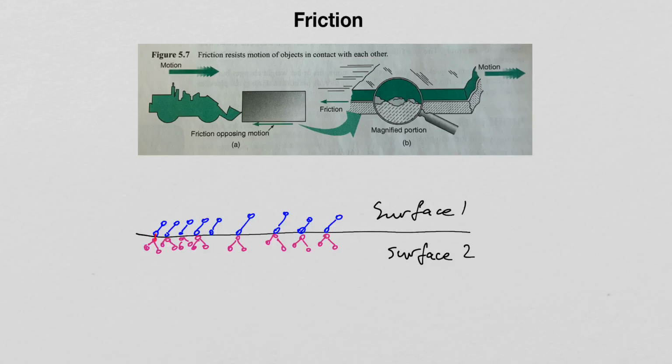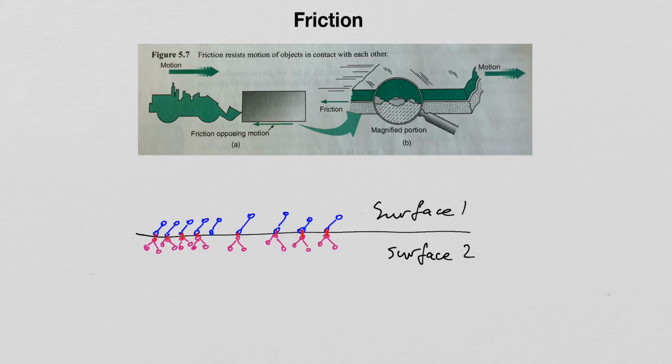You can think of them as being connected to each other, like so. And if the two surfaces are to slide across one another, then those bonds must be broken. So for the macroscopic perception of what's happening, this is also perceived as friction.